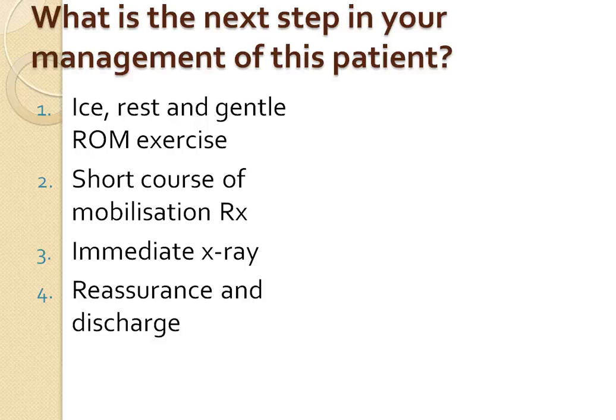When we ask them what the next step in the management of this patient is, then we have our two possible branches. So let's look at the first one that we created the rule for, which was the ice, rest and gentle range of motion exercise.